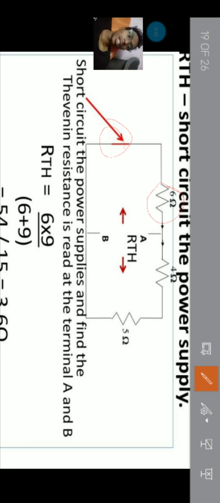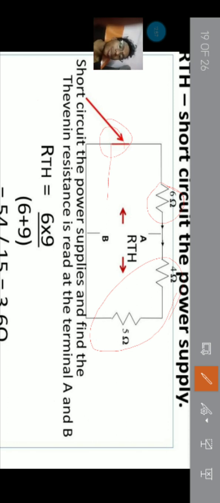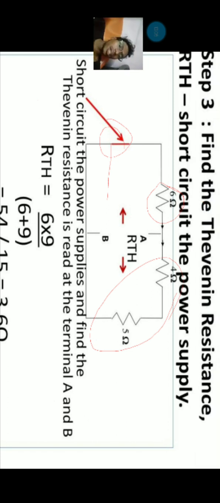Then 4 and 5 are connected in series, so 4 plus 5 is 9. It is parallel to the 6. So 9 into 6 divided by 6 plus 9. 9 into 6 is 54, divided by 15, is 3.6.